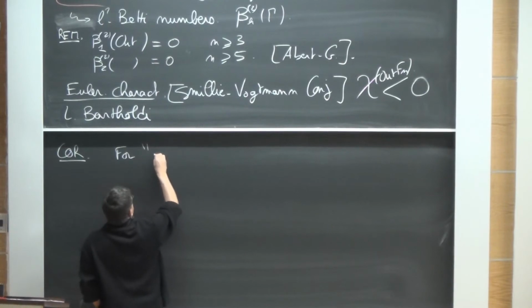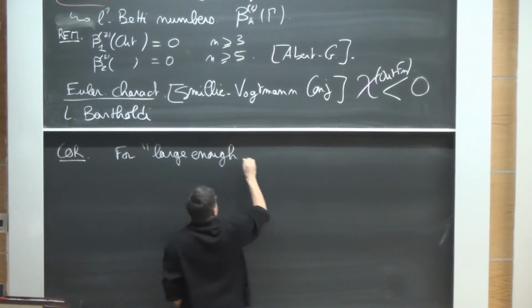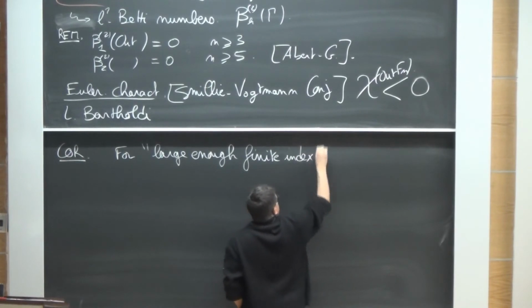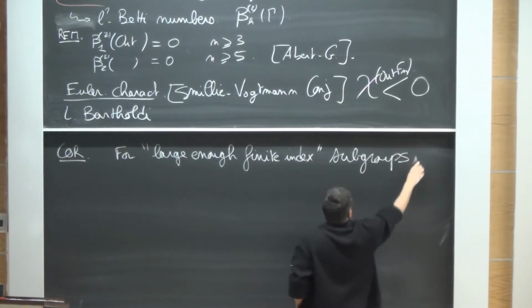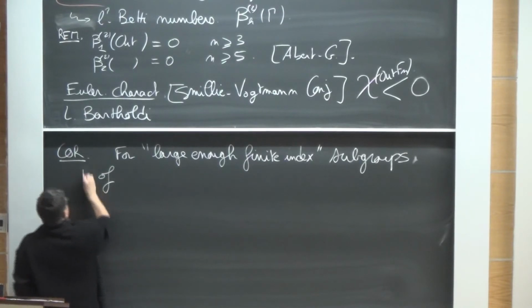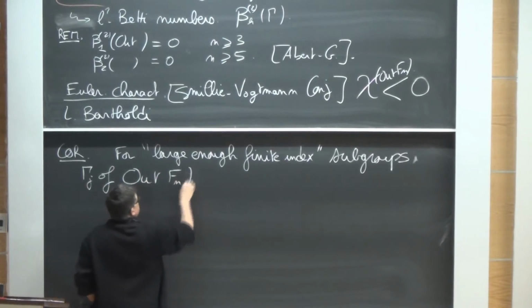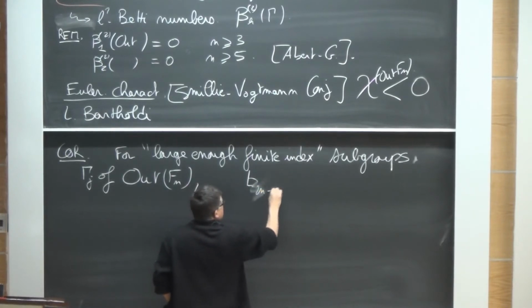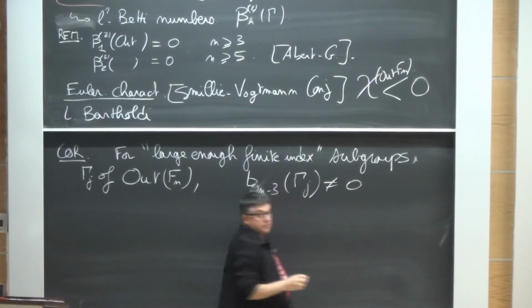Let me write that. For large enough finite index subgroups gamma_j of Out(F_n), the usual Betti number in top dimension is non-zero.